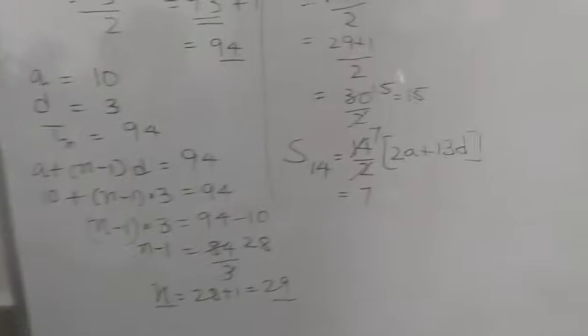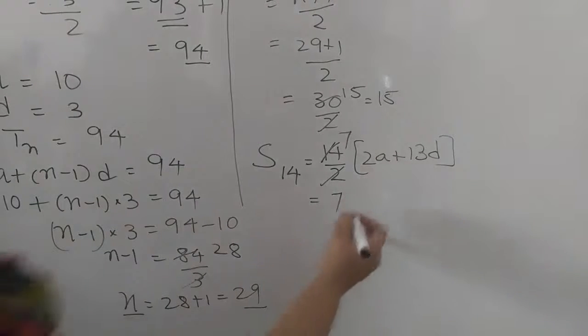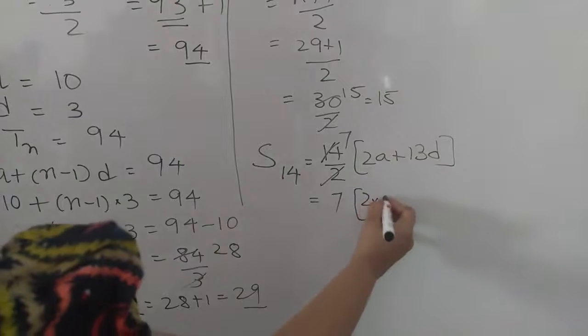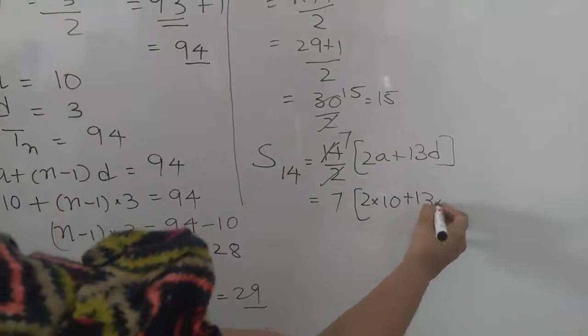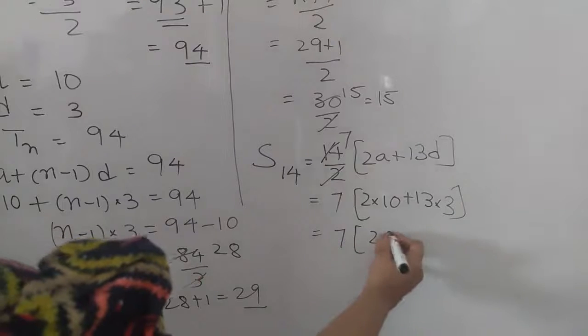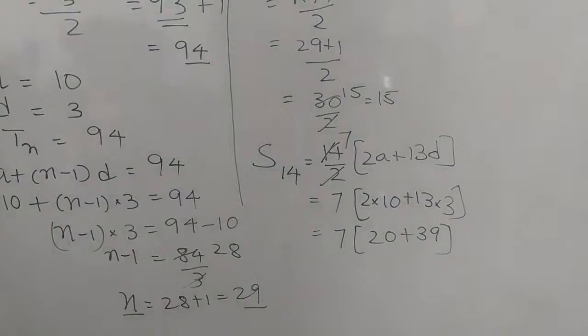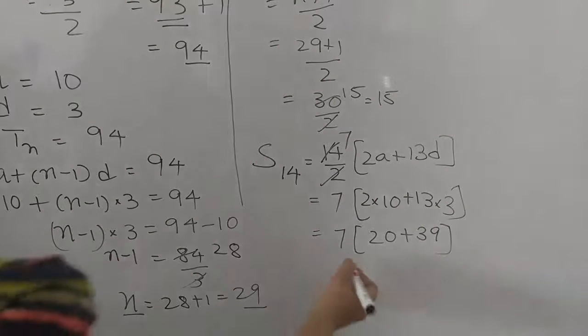The a value is 10, which we already know. So 2 into 10 plus 13 into 3, that is 20 plus 13 3s are 39.